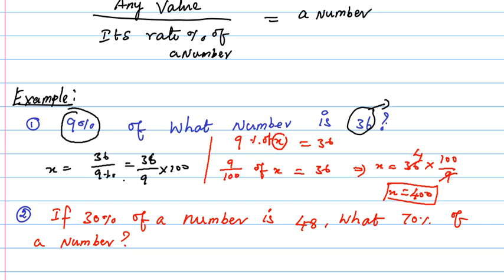Instead of 9 percentage, I have taken the fraction. It is not possible to divide by a percent directly. So instead of percentage, you have to apply the decimal value or fraction value. You can't cancel if a percentage is coming. You have to convert percentage to decimal or fraction. After that, you have to do the simplification. From that, you may get the same answer, 400.